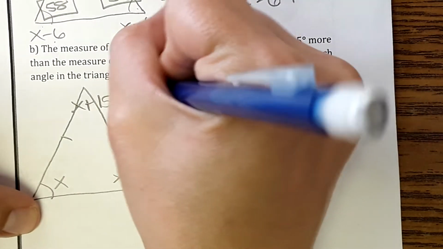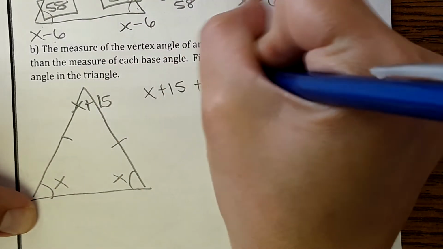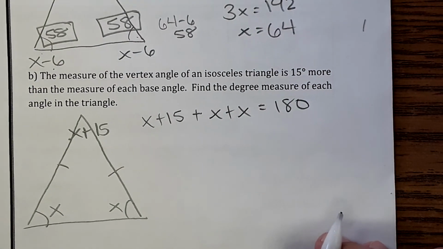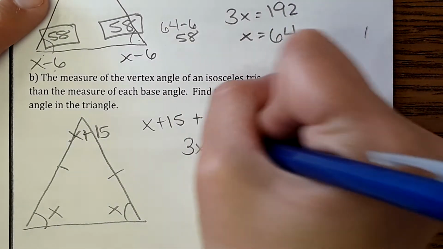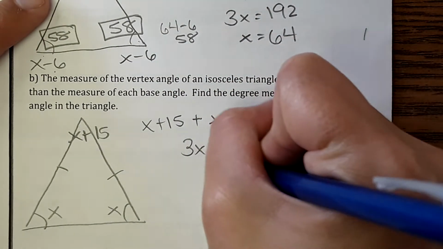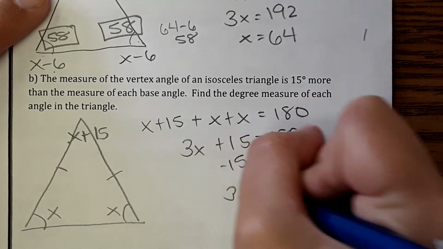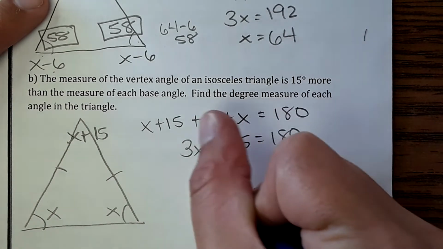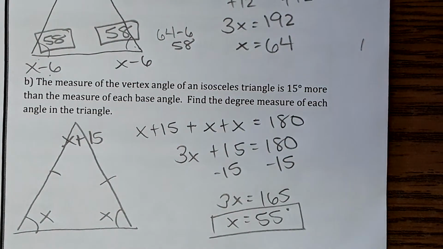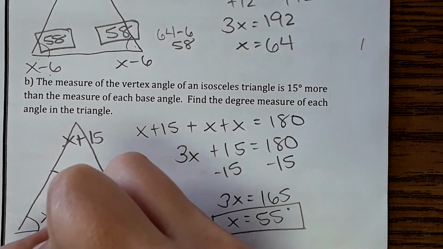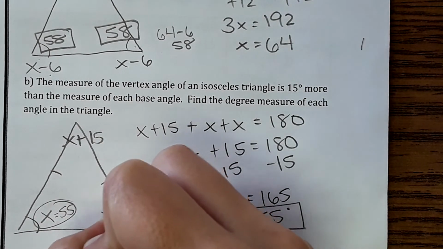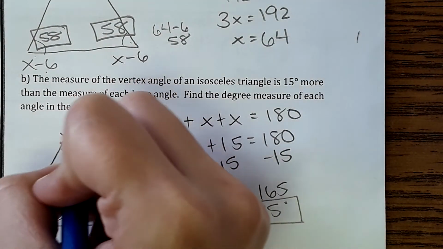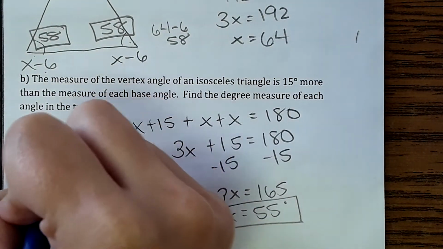I do x plus 15 for the vertex angle plus x plus x equals 180. And then 55 plus 15 would be 70 degrees.